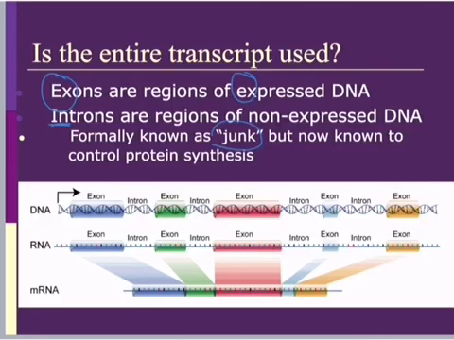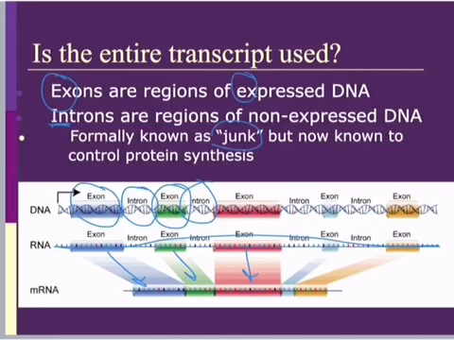If you look at the picture here, you have your DNA, so you have your coding regions and your non-coding regions. All of it is copied, so when we have transcription, the whole thing is copied, but then there will be a modification step where the introns will be spliced or cut out, and only the exons will be sent out of the nucleus to be translated.